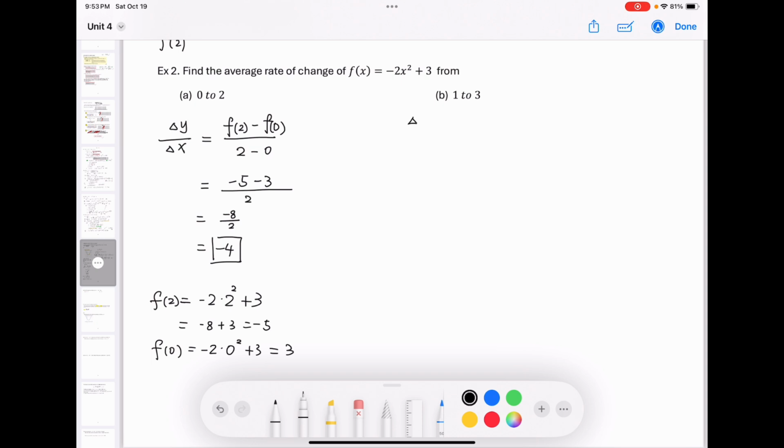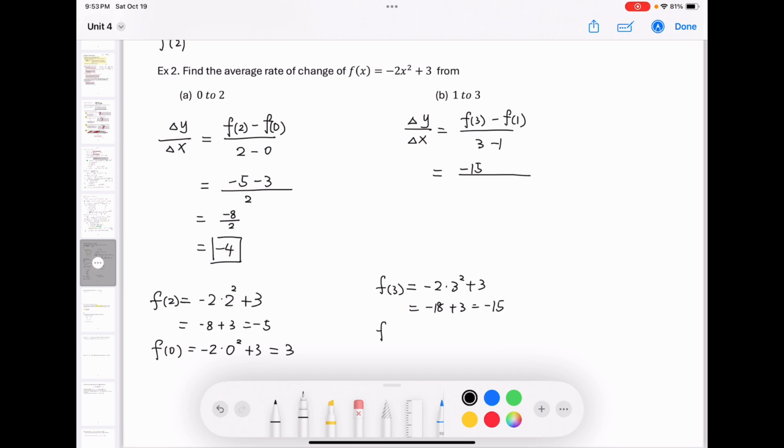How about from 1 to 3? Delta y over delta x is equal to f of 3 minus f of 1, divided by 3 minus 1. On the top, we evaluate f of 3, which is -2 times 3 squared plus 3, which is -18 plus 3, which is -15.